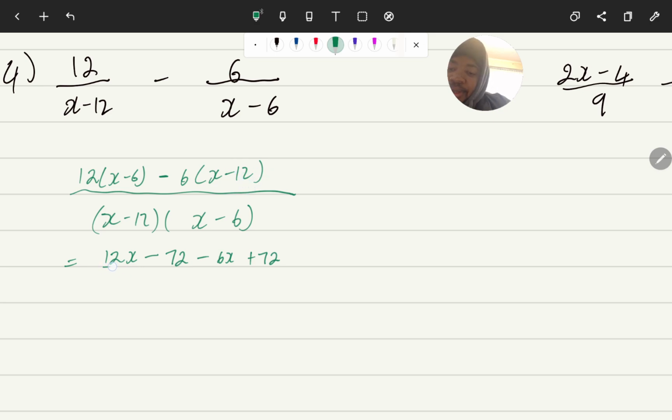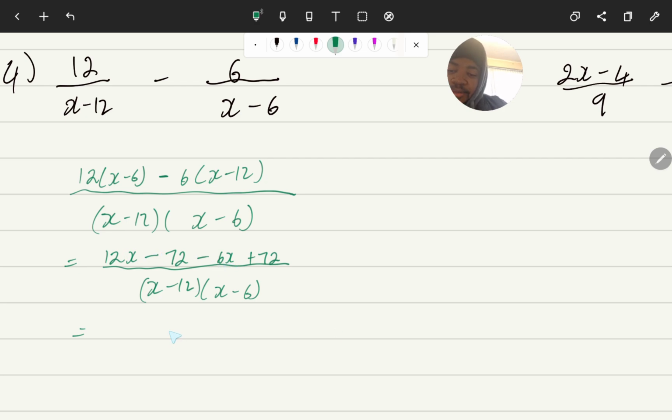And then here your denominators, of course, which is just going to be those two brackets. Now we're just adding or subtracting our numbers. So when we do that, we get 12 minus 6, right?